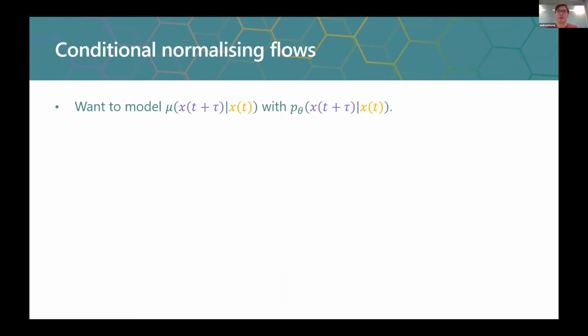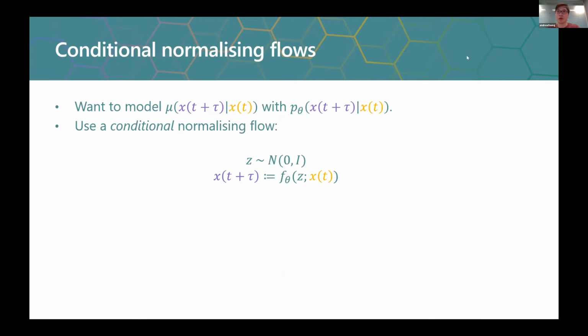Just to recap, mu is the true conditional distribution. We approximate it with a learnable parameterized conditional distribution p theta. We're going to use a conditional normalizing flow where we sample z, the latent variable, from a standard Gaussian, and then we define the output as some bijection applied to z, but that bijection itself is parameterized by the initial state x of t.